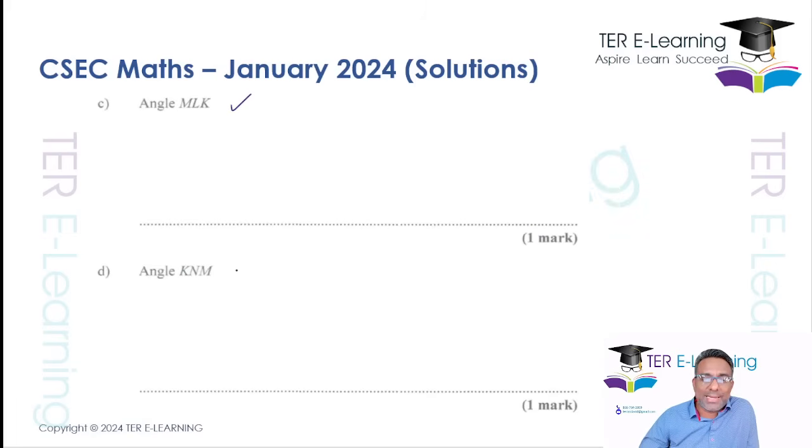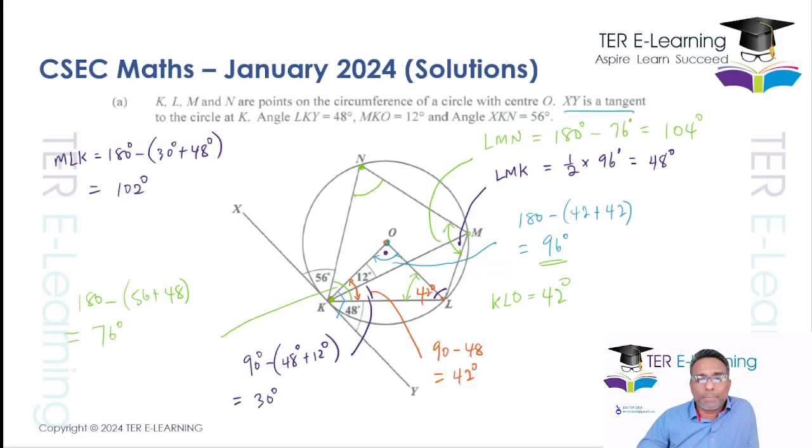And then the last angle here is KNM. KNM, where is that now? Oh, well, okay. So KNM is going to be relatively easy. KNM is easy because MLK, these two angles here, this angle here and this angle here, they form part of the cyclic quadrilateral.